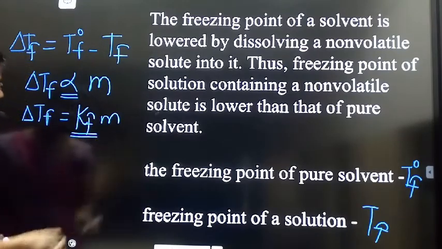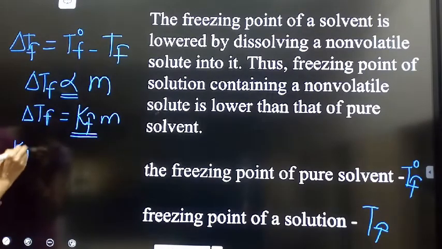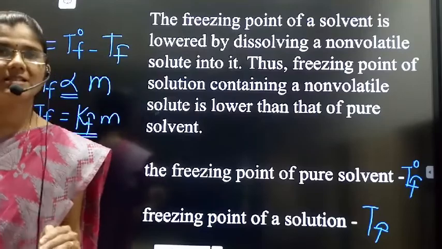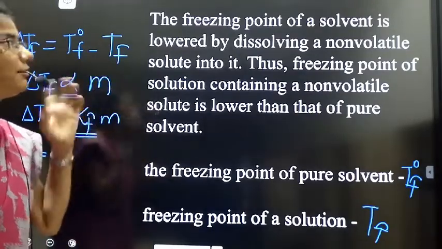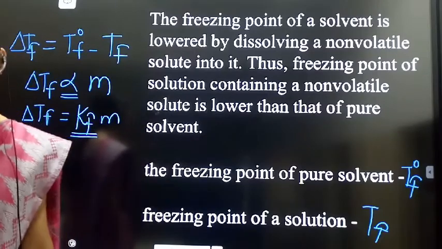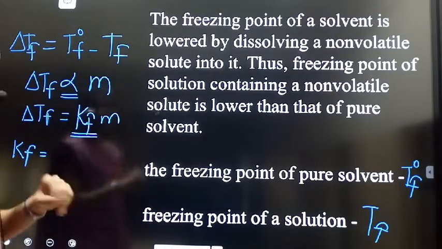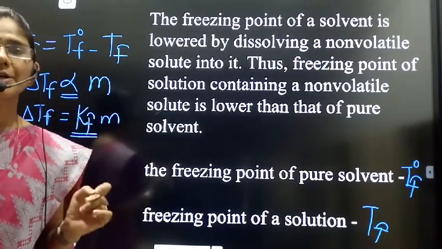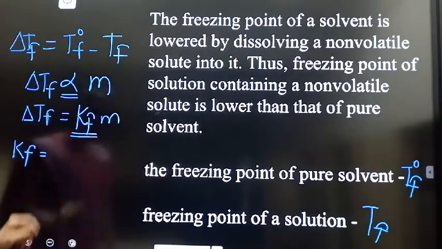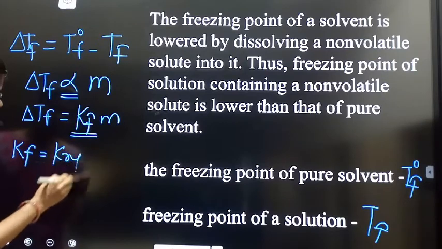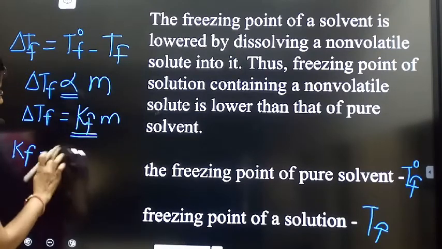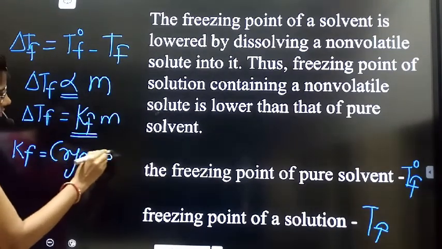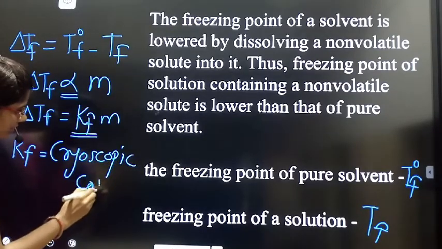Here Kf is called the molar depression constant because it appears in the expression of depression in freezing point, or it is also called the cryoscopic constant.